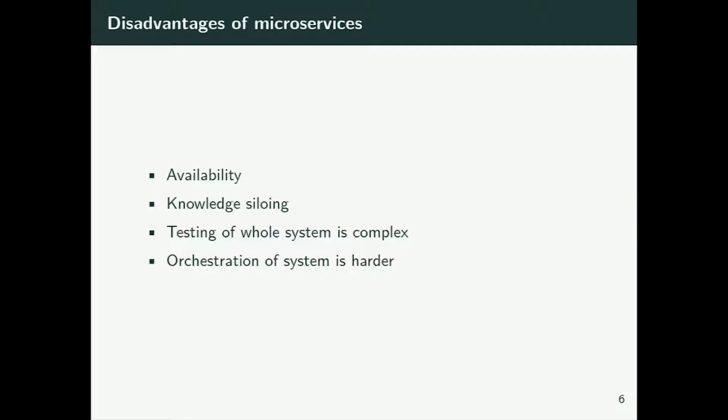And finally, when you've got a monolith, orchestration of your deployed system is quite easy. You'll tend to have a few identical servers which serve your application, maybe a few identical database servers, and that's quite easy to manage because you've got one configuration for your application, one configuration for your databases. A microservice architecture, on the other hand, has lots of moving parts. You've got lots of different separate services, each of which might have slightly different configuration requirements.